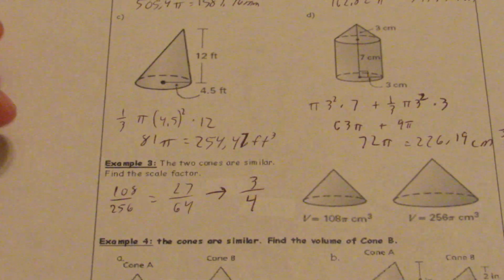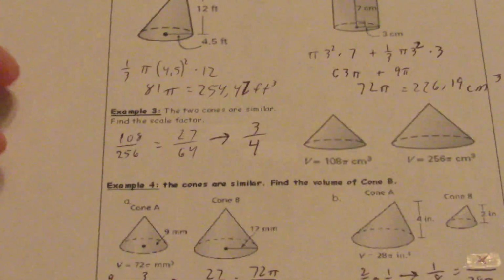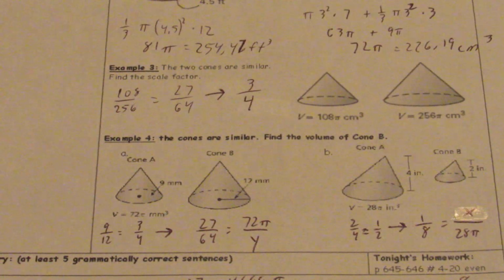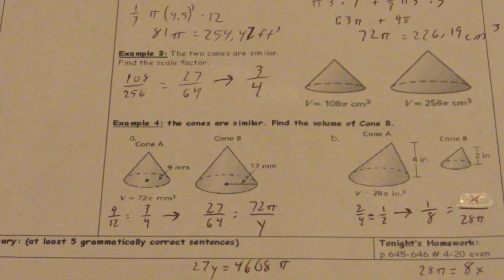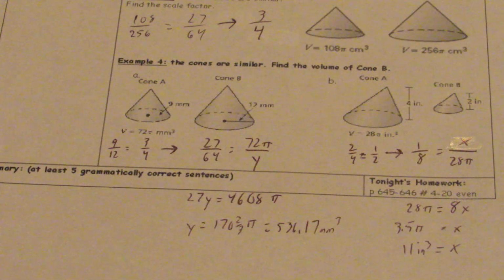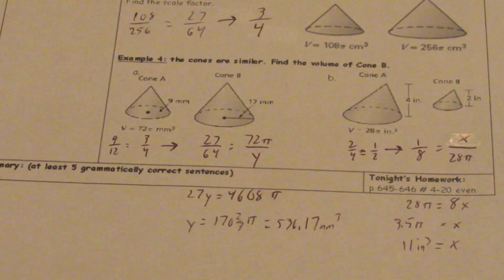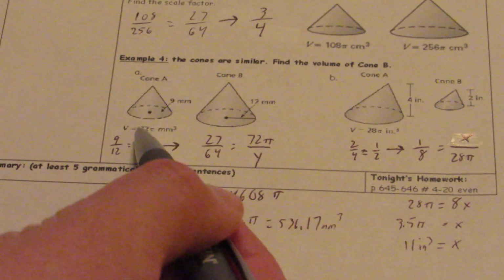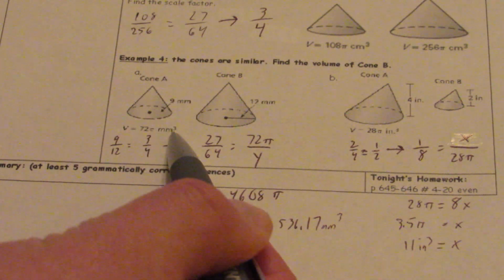Okay. Then on example 4, we're finding the volume of cone B in both of these. They give me the volume of A. So in example A, this is 72 pi millimeters cubed.